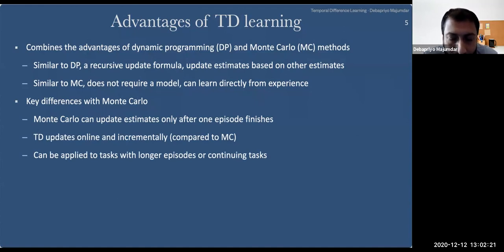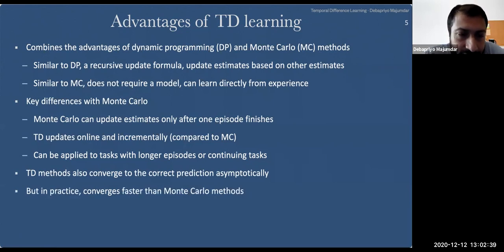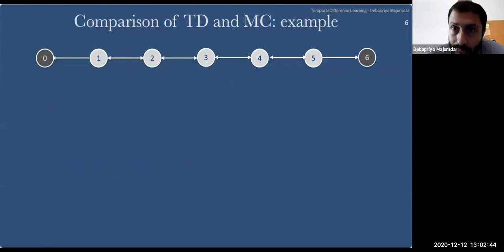Sometimes some Monte Carlo episodes can be so long that updating takes a lot of time, and TD will not have that problem. And the TD(0) methods also converge to the correct prediction asymptotically. In practice, in fact, it converges much faster than Monte Carlo methods.